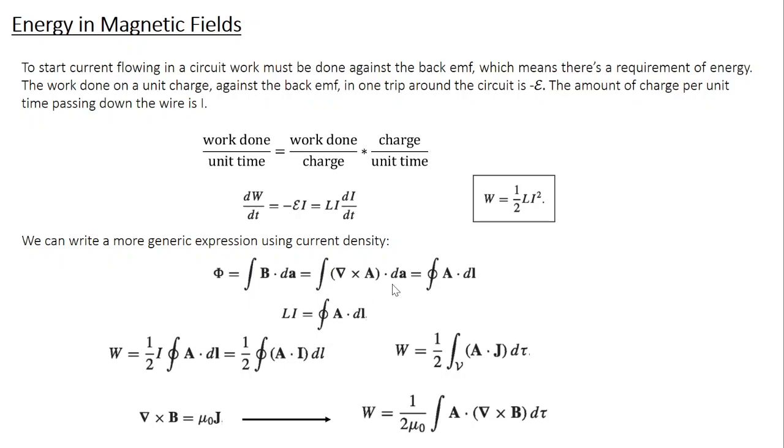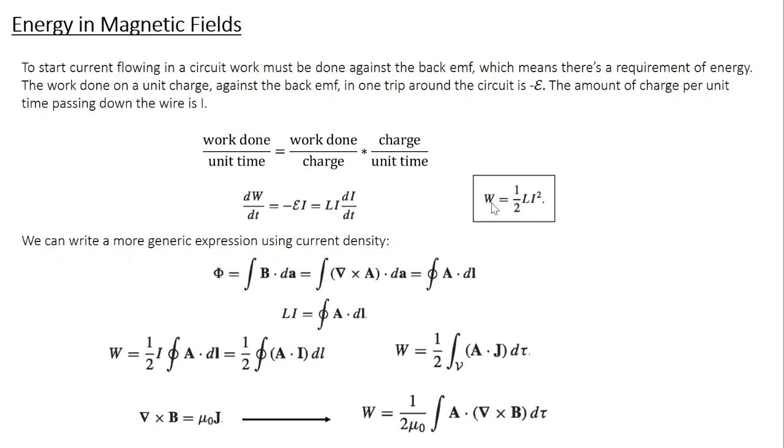Using Stokes theorem, you can convert this surface integral into a line integral and write closed line integral A dot dl. Now flux can be written in terms of self-inductance as L into I, where L is the self-inductance. So L into I equal to closed integral A dot dl.